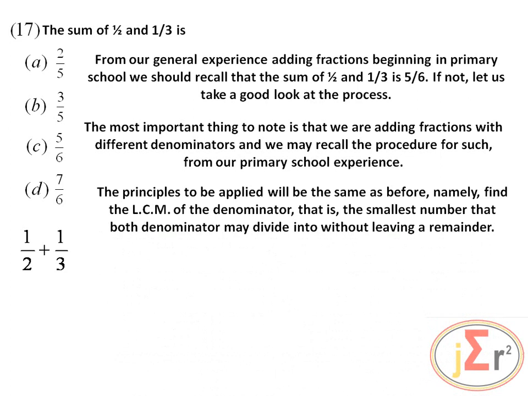The common denominator that we should use should be the lowest or the smallest number that 2 and 3 can divide into without leaving a remainder, and that will turn out to be the LCM of the numbers, and that is 6. Then we say 2 into 6 is equal to 3. 3 ones 3.